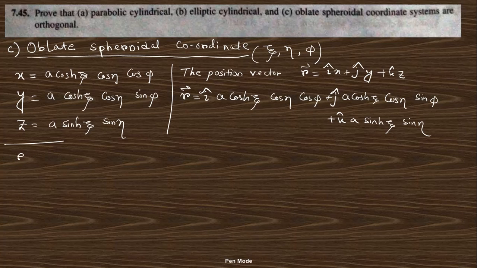Unit vector along the xi curve will be del r vector by del xi, divided by the modulus of del r vector by del xi.